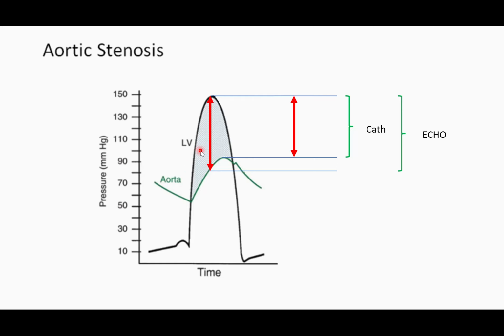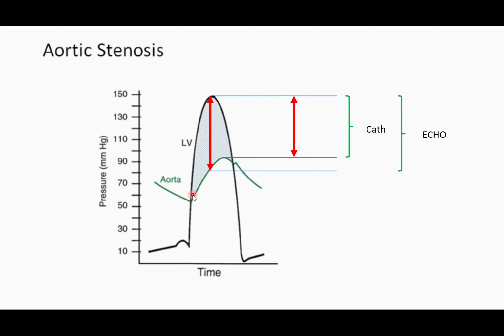We measure the peak pressure in the left ventricle, and then we pull the catheter to the aorta and measure the aortic peak pressure, and then we subtract these from each other, and we get the gradient across. This is done over many heartbeats, or one measurement is taken, then we pull the catheter and the other measurement is taken. But with echo, the gradient measured is instantaneous.